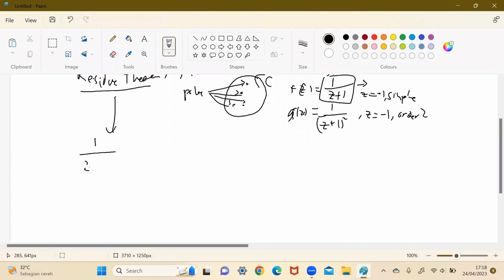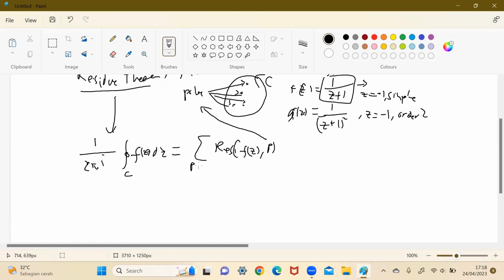1 over 2 pi i, the integral of f(z) dz taken in the contour C, is equal to the sum of the residue of f(z) at P, with P being the poles. Let's just assume that.